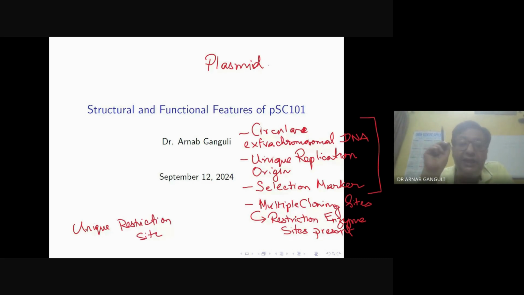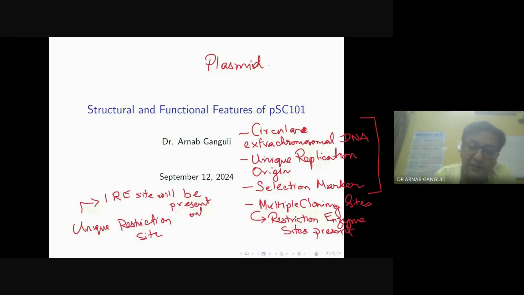That means that particular restriction enzyme site will be present only once in the plasmid.